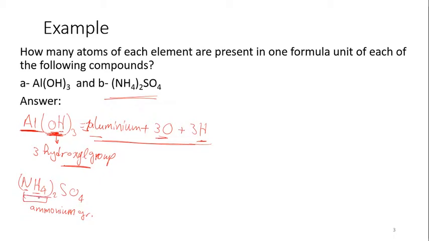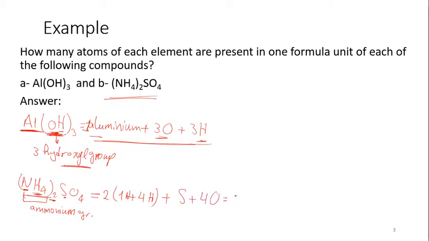I have 2 ammonium groups. Each ammonium group contains 1 nitrogen and 4 hydrogens. Also I have here SO4, 1 sulfur and 4 oxygens.